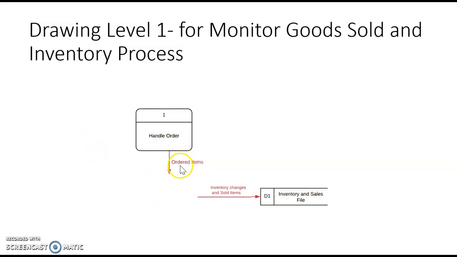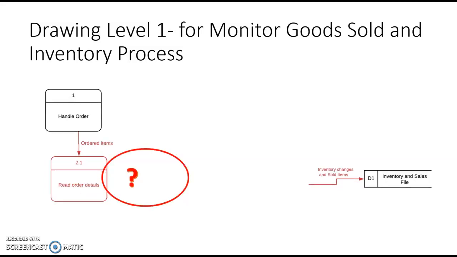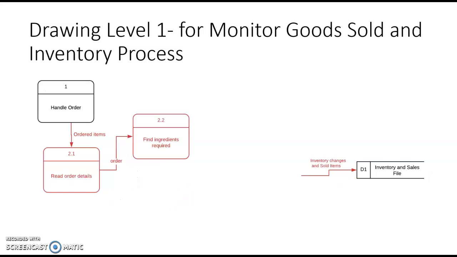So what should I do with the order items? I will take them to check the details of the order, to read the details of the orders. What should I do with these order details? I need to find the ingredients required. Where should I get the ingredients required? I need to get them from a data store that contains the recipes and ingredients file. Let's say that a hamburger requires one fish piece for a fish burger, one lettuce, one tomato, and so on.